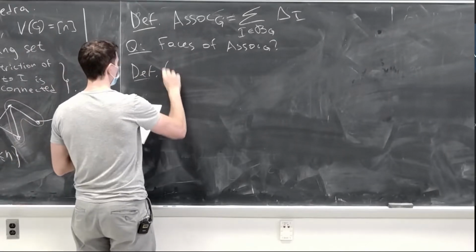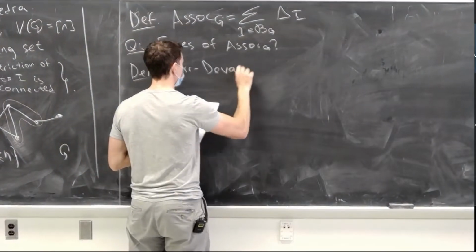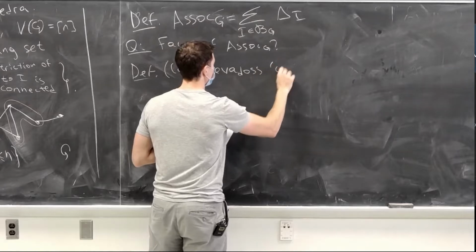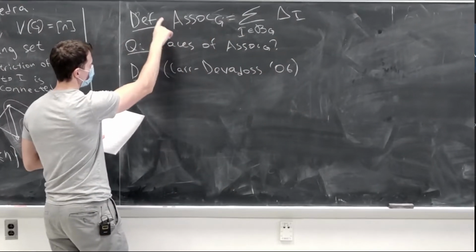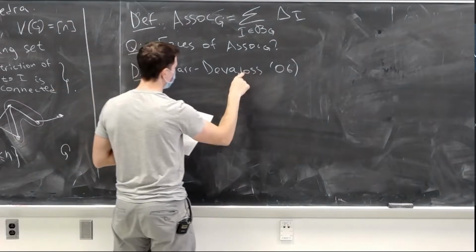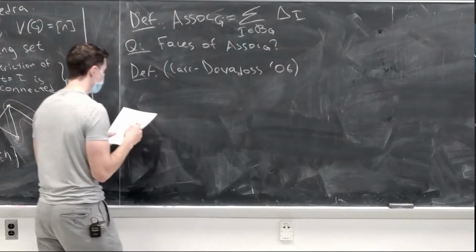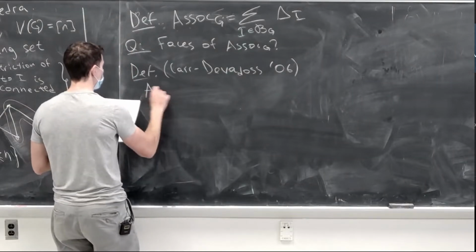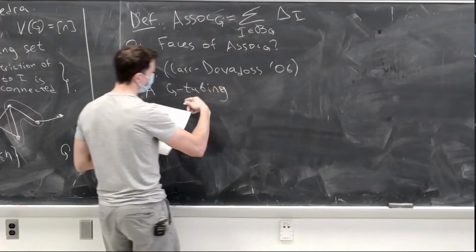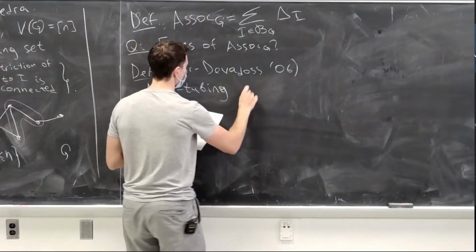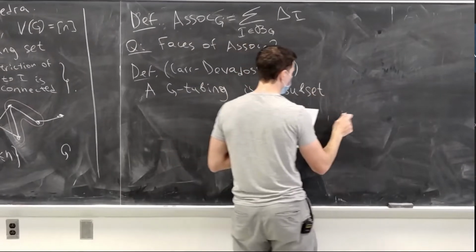A definition which is due to Carr and Devadoss. This definition is Postnikov 2009, which was three years after these guys were the ones who constructed the polytope originally. Okay, so the definition is that a G-tubing, or simply a tubing, is a subset of the building set.